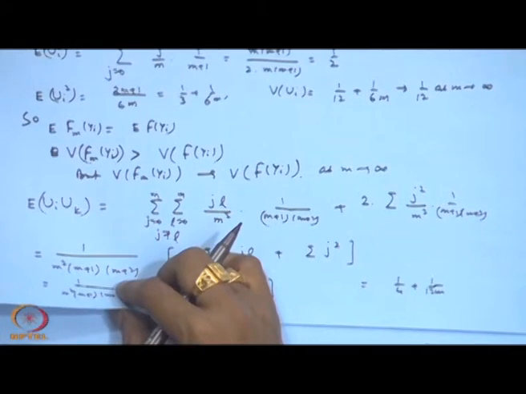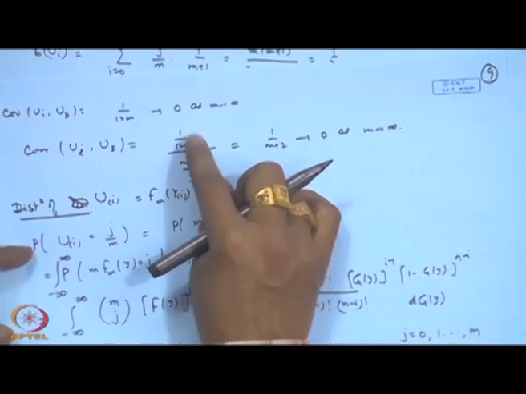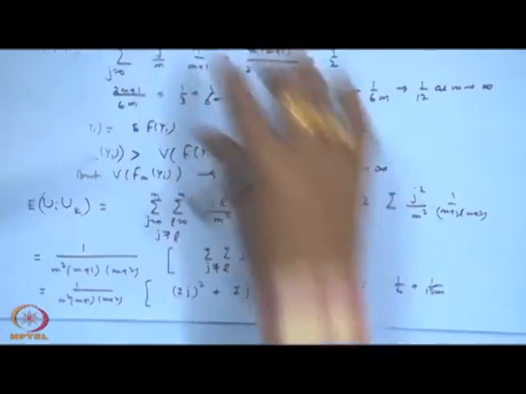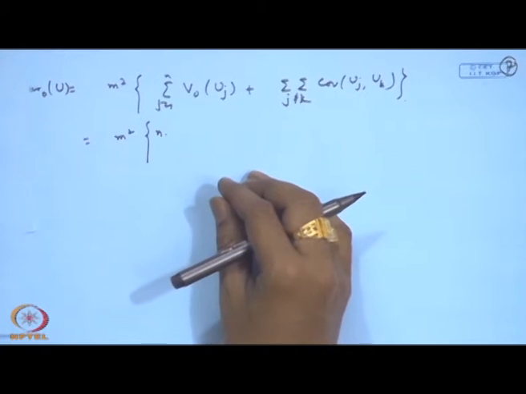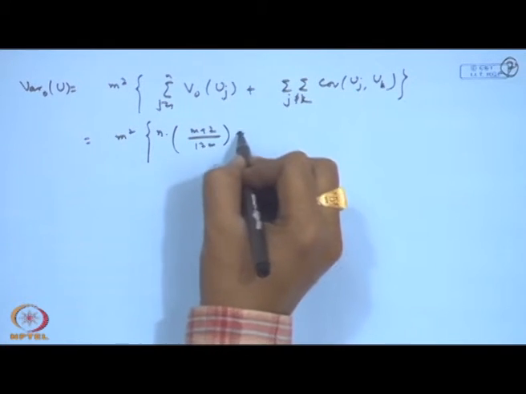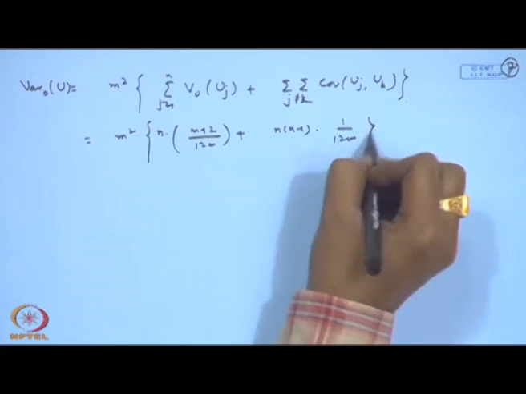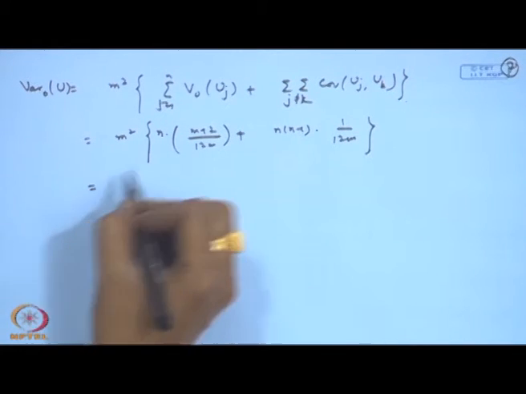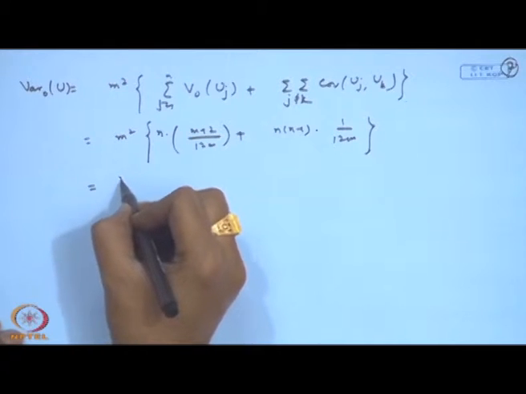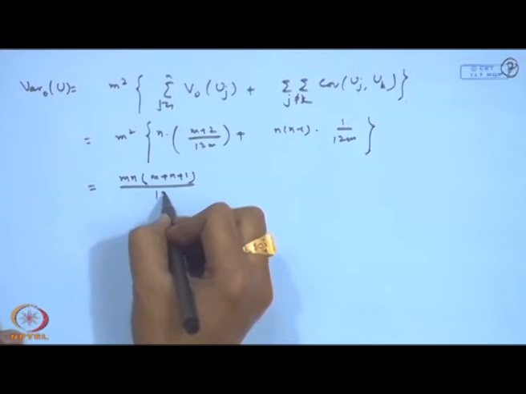The covariance term of this was equal to 1 by 12 m. So, we substitute all these terms here: m plus 2 by 12 m plus n into n minus 1 by 12 m. So, we can simplify these terms easily. This is equal to m plus n plus 1 divided by 12.